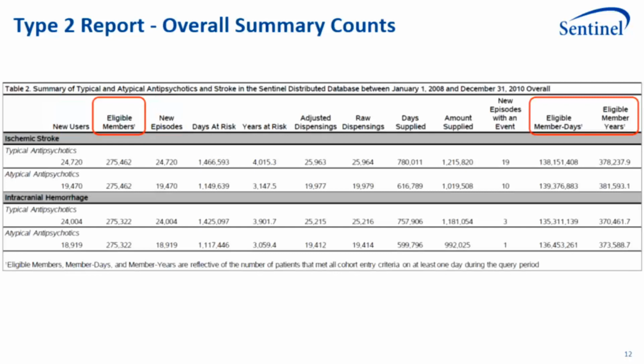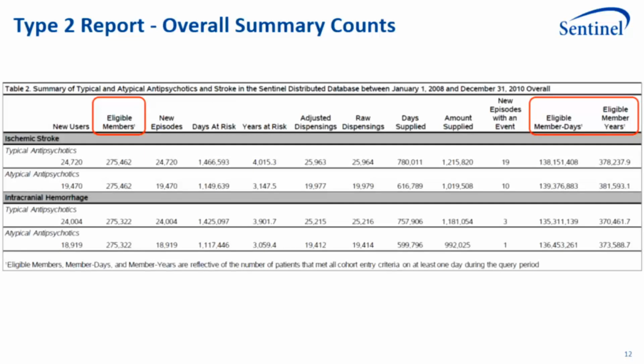As we move on, this is now the eligible members. So this is your denominators, and there's actually an important thing to keep in mind here, depending on the kind of analysis you're doing. The strict interpretation or definition of what this is is in the footnote. It tells you who eligible members are. They have, on at least one day during your query period, met all of the different cohort criteria that you laid out. So in this case, they were 18 to 65 on at least one day.